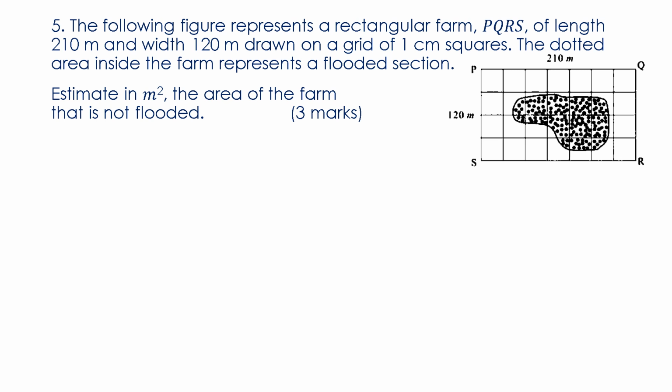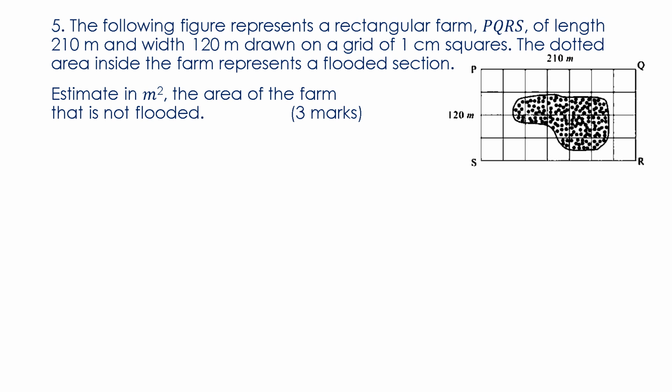So we have a farm 210 by 120 meters, drawn on a square grid where each square is 1 centimeter. Inside this farm we have a flooded section, the dotted area. You are asked to find the area that is not dotted, that is, not flooded.